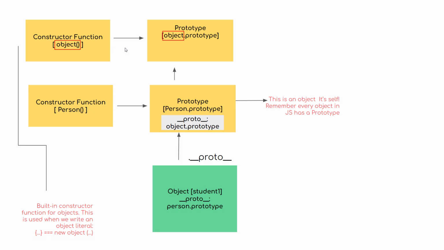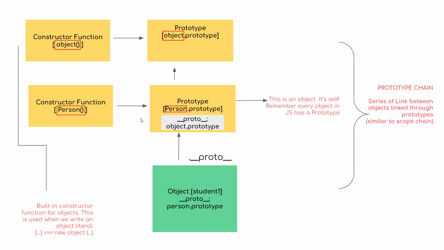So this is the object, and you can find it inside the prototype property, and you can also find the Person object inside the constructor and inside the prototype property. All of these things, each link, have what is called the prototype chain. A series of links between objects, linked through the prototype, is called the prototype chain.